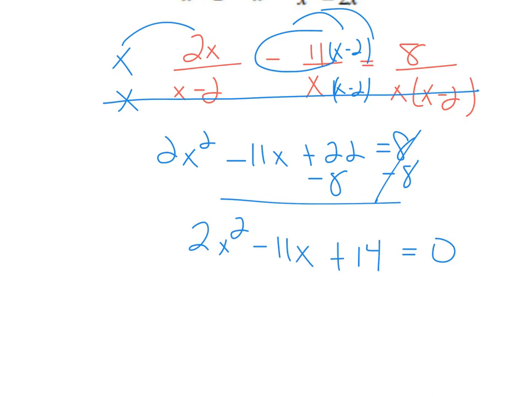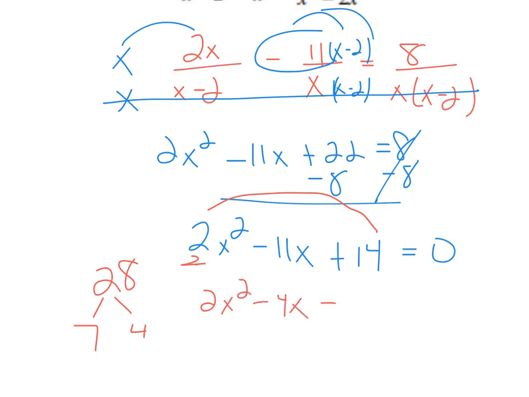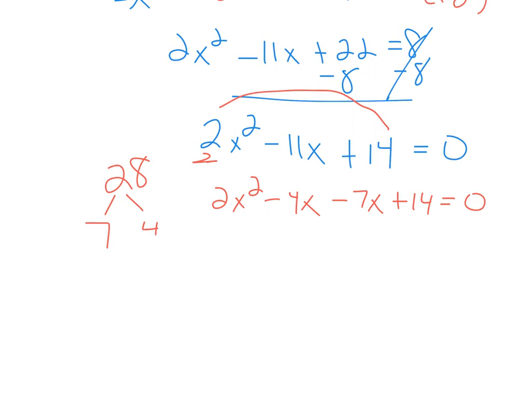Now, I can't do AM because there's a number in front, so I'm going to do glasses, which is 2 times 14, which is 28. The factors of 28 that add to 11 are 7 and 4. So I'm going to do 2x squared. I want a -11, so minus 4x minus 7x. Okay. So I'm going to split this down the middle.